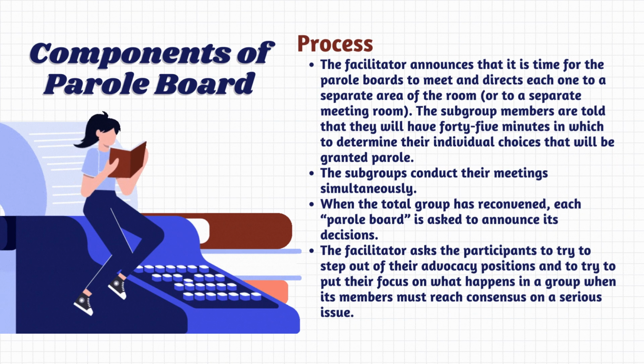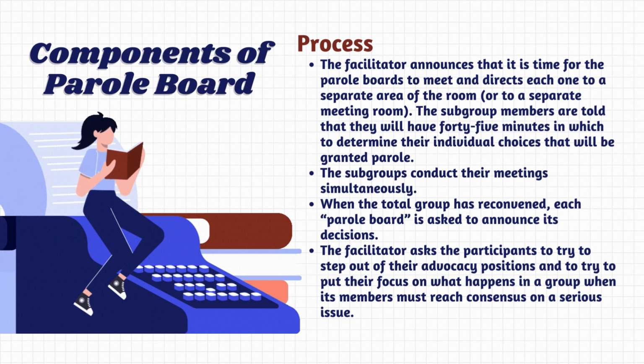The facilitator announces that it is time for the parole boards to meet and directs each one to a separate area of the room. The subgroup members are told that they will have 45 minutes in which to determine their individual choices that will be granted parole. The subgroups conduct their meetings simultaneously.